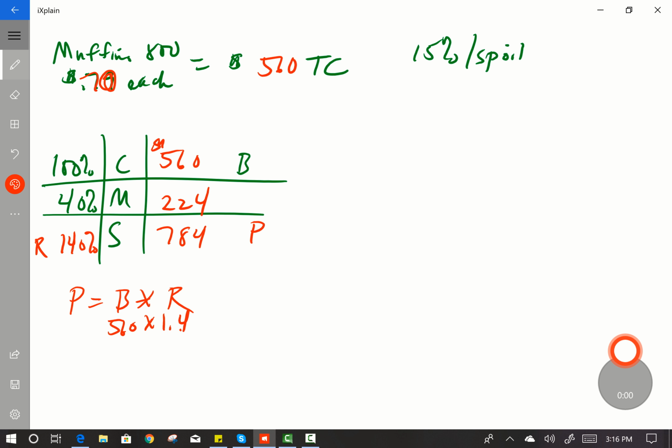And let's see. We have some spoilage. We had 800 that we originally made, and we had 15% spoilage.